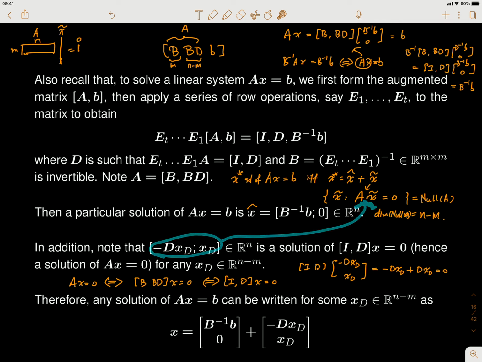Now let's see how many choices I can have here. We said that this X_D can be free, can be any vector in this space. So that means the dimension of this will be at least n minus m.